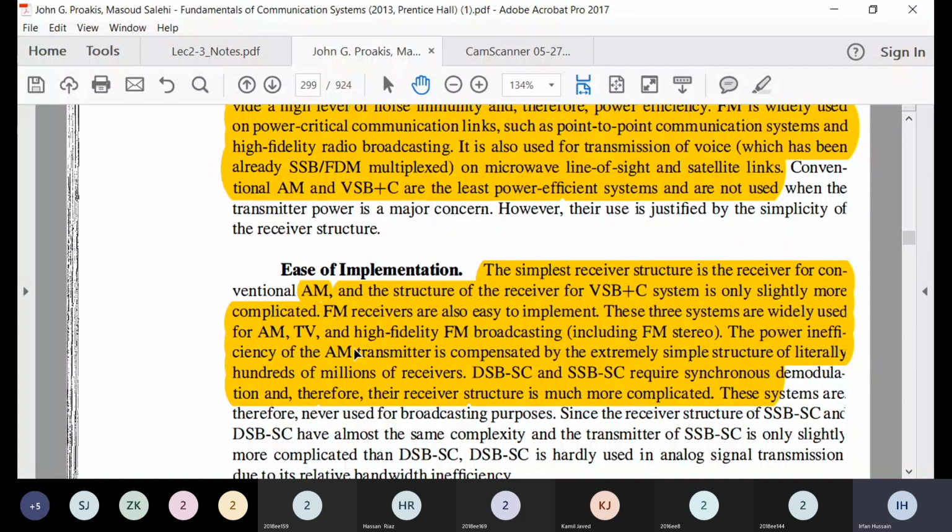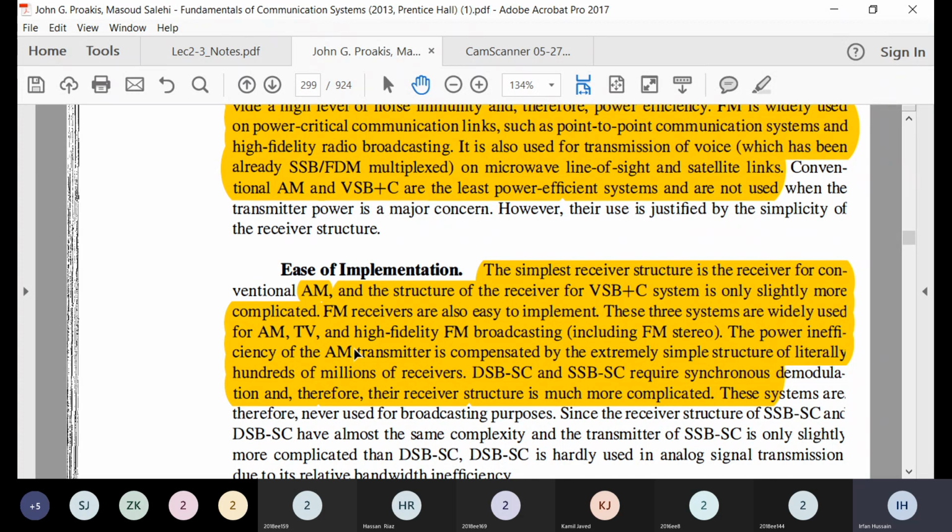On the simplest receiver structure or the simplest electronics, again we have seen conventional AM, or double sideband. These are relatively simple, and also FM.